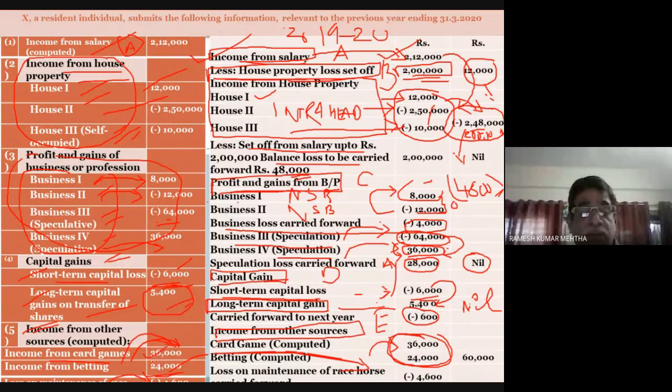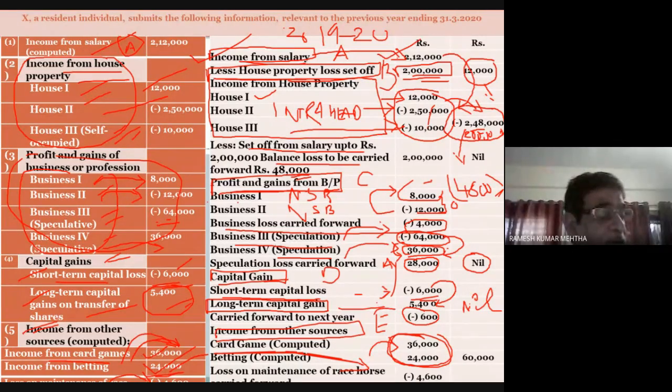So this is number one. Number two, income from other sources. However, it is found that the assessee has sustained a loss of 4,600 rupees from the activity of owning and maintaining horse races.